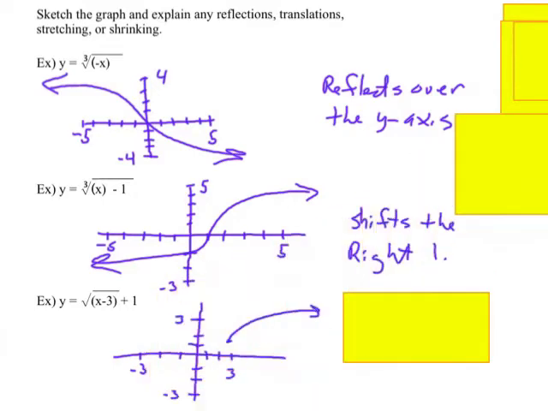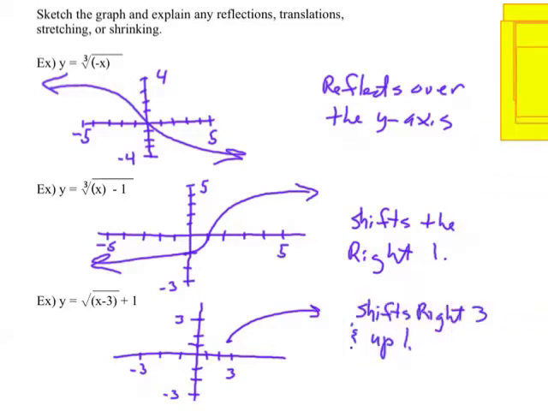So that graph is going to look something like this. So notice it shifted over 3, up 1. Notice it's just a plain square root, not a cube root, which means it just looks like what I'm tracing right now. So how are you going to describe the transformation? Well, it shifts it right 3 and up 1.